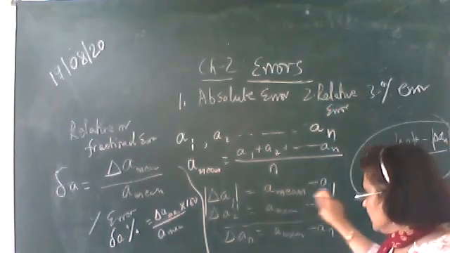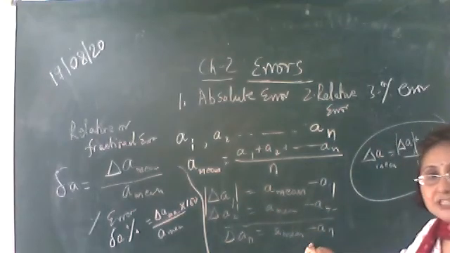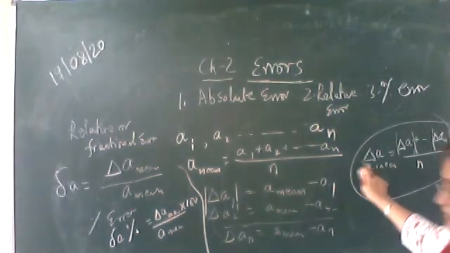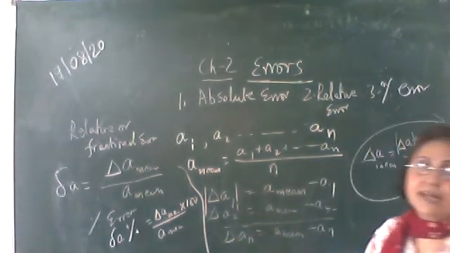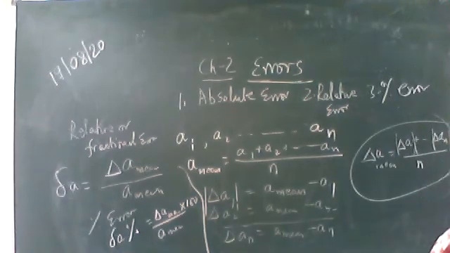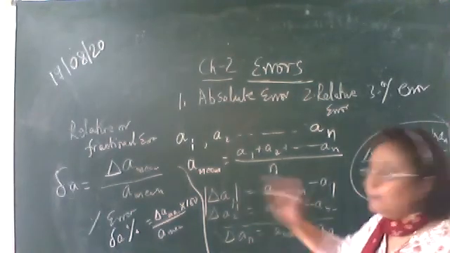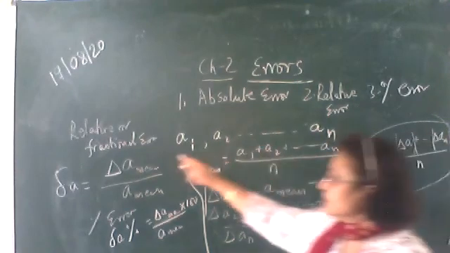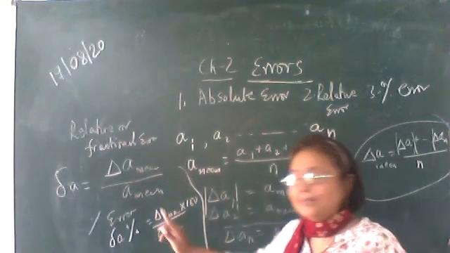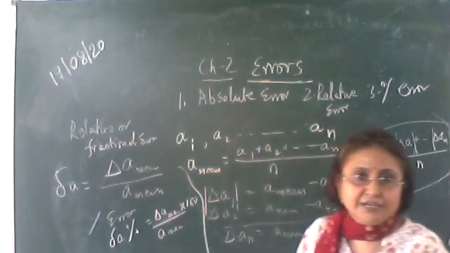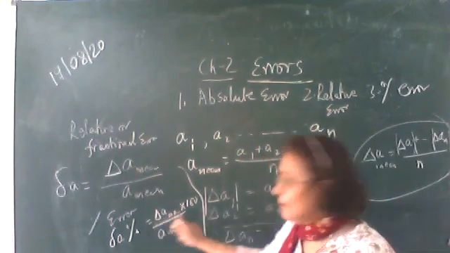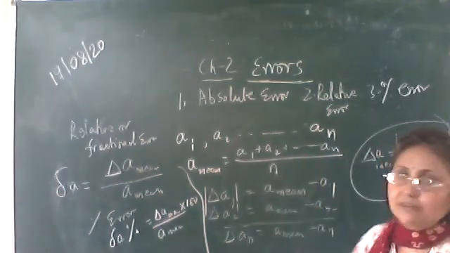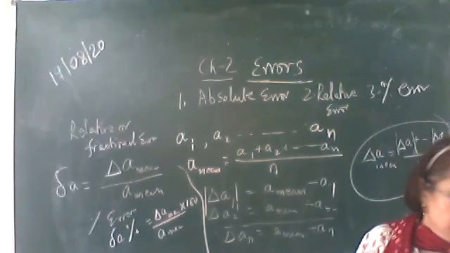Then we find out the mean of all these absolute errors, and these absolute errors are taken as positive only, that is, we take the modulus of it. So here we get the mean absolute error. This mean absolute error divided by the mean value gives the relative error. This relative error multiplied by 100 gives the percentage error. So we calculate these three types of errors.